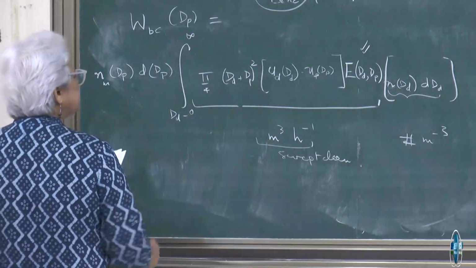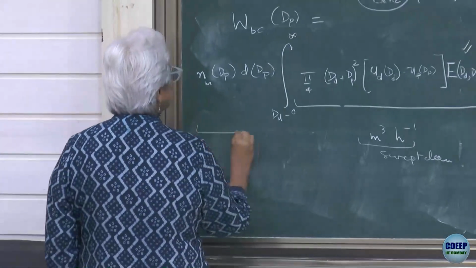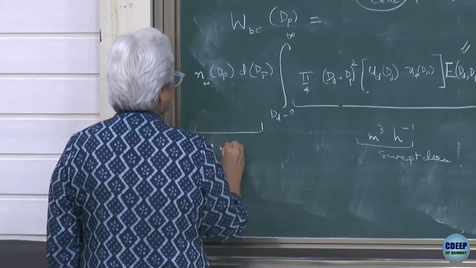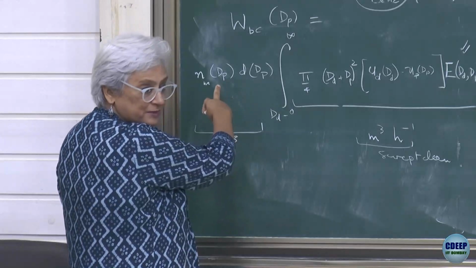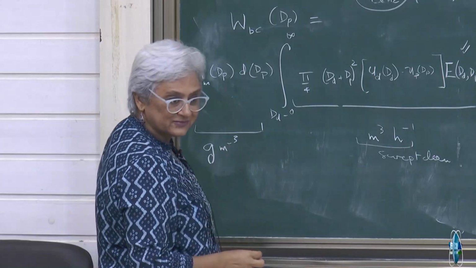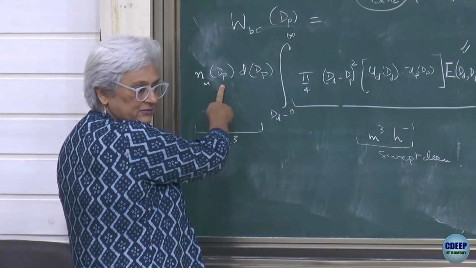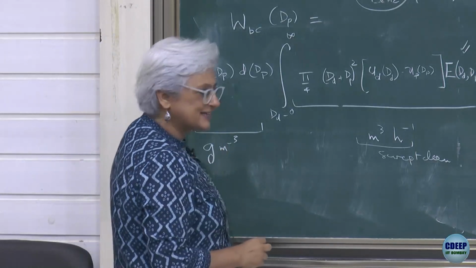So then this I have, and what is this? This is a gram per meter cubed of particles. Is that right? In the air, yes, in the air.